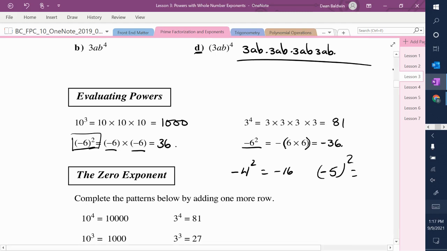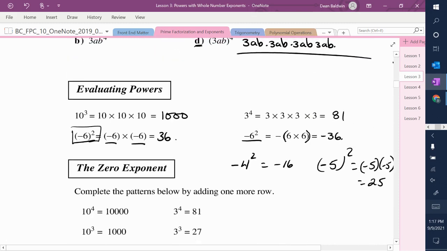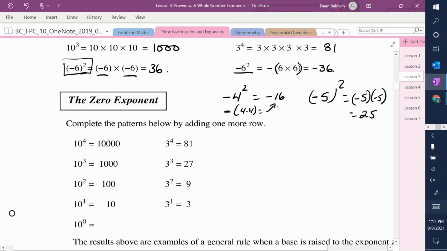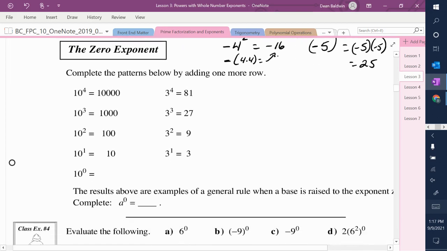Because the negative is inside, that means -5 times -5, right? Whereas this means -4 times 4, which is why you get that. Okay? That's a subtlety. You will see that on a test or a quiz. Okay? Are we okay with that? All right.